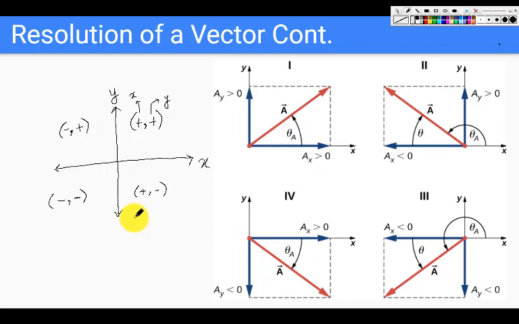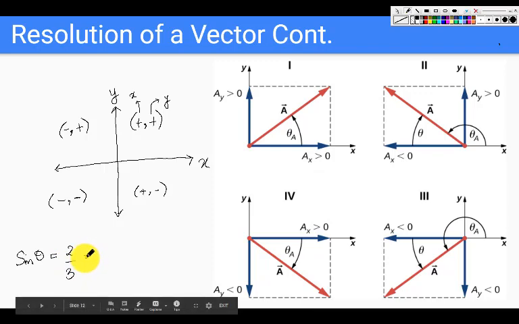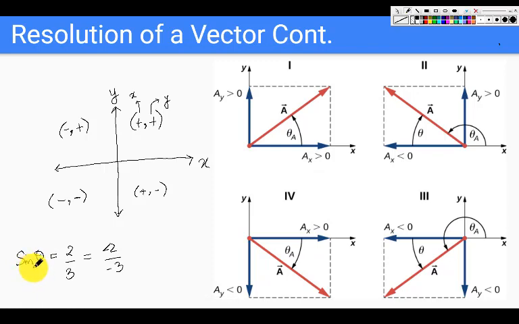I know that when I am computing sines and cosines, I have to be careful, because let's just say that sine of theta is equal to 2 over 3, but that is also equal to minus 2 over minus 3. So whenever we are using trigonometry to find angles, there is some ambiguity.